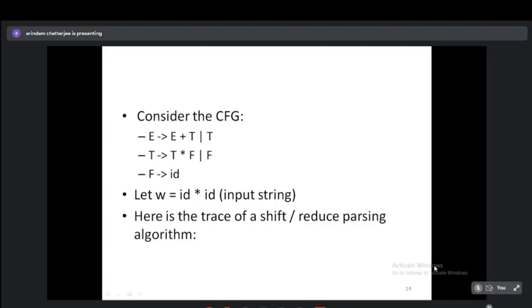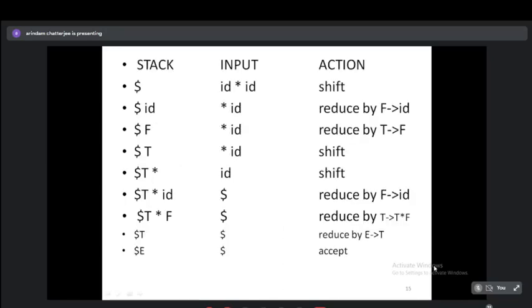The concept of shifting will also be clear when we see this stack-based implementation. So please memorize this grammar: E producing E plus T or T, T producing T star F or F, and F producing ID. These are the production rules in the grammar, and our input string is ID star ID.